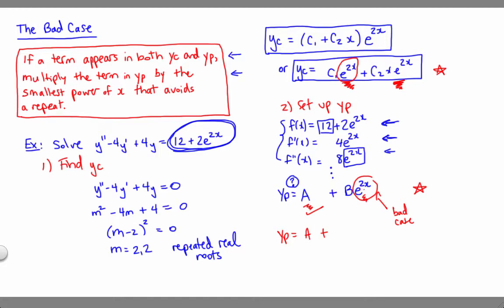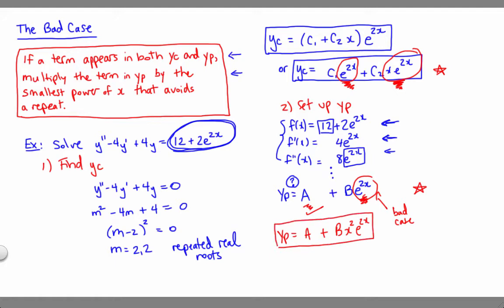Is x e to the 2x already used up here in yc? Yeah, unfortunately it is. x e to the 2x also appears in yc. So multiplying this term here by x isn't going to be good enough, but if we multiply by x squared, that's fine. There's no term x squared e to the 2x in yc, so we've managed to avoid a repeat.